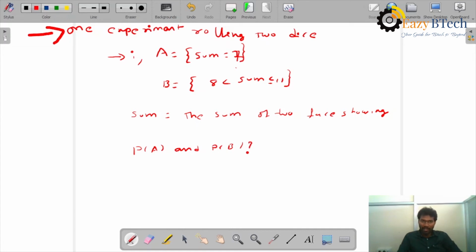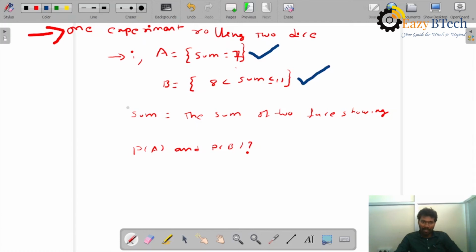So see this problem. In this experiment they are rolling two dice, and they have defined two events: A, sum equals 7, and B, 8 less than sum less than or equal to 11.